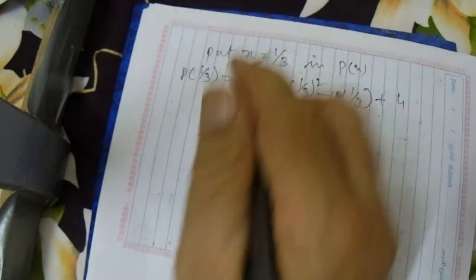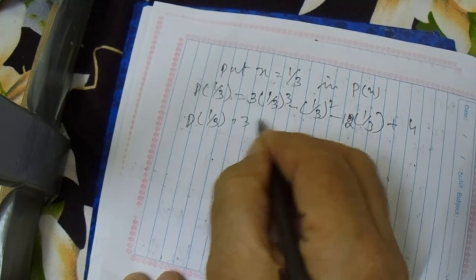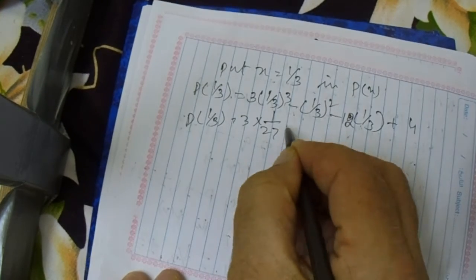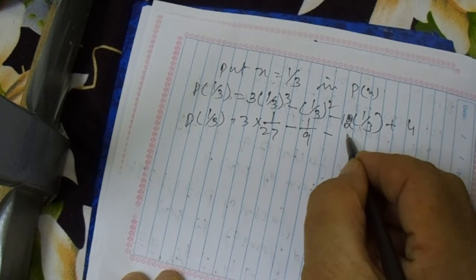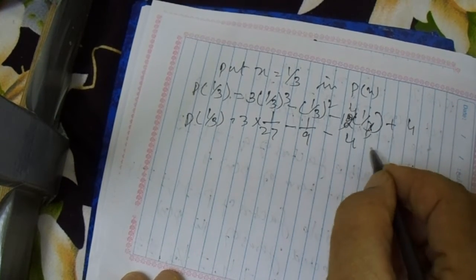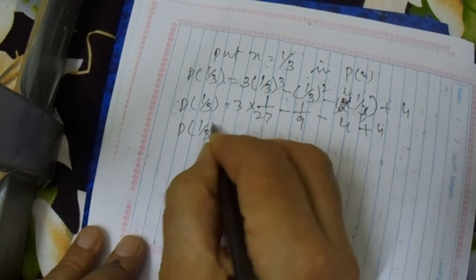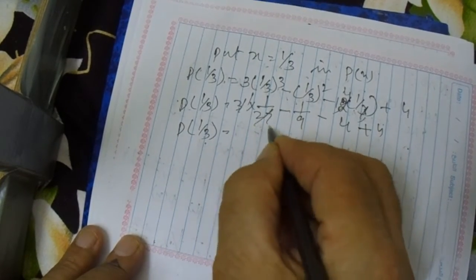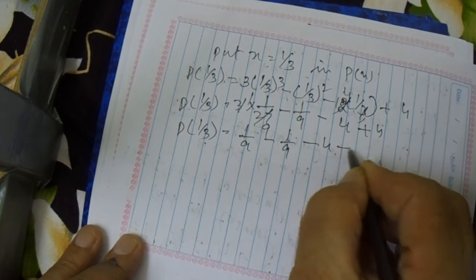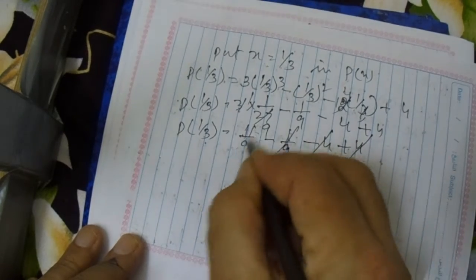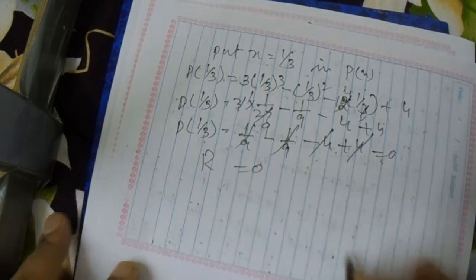Now we write P(1/3) = 3 × (1/27) − 1/9 − 4 + 4. So P(1/3) = 1/9 − 1/9 − 4 + 4. Now this will cancel and equal 0. So the remainder is equal to 0.